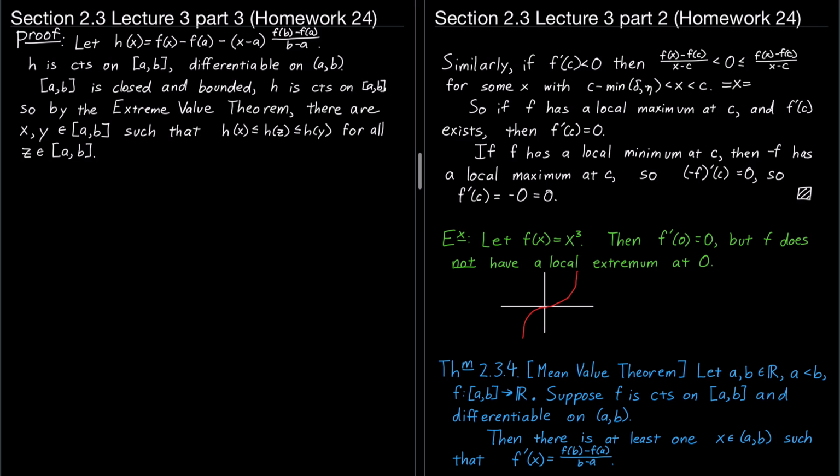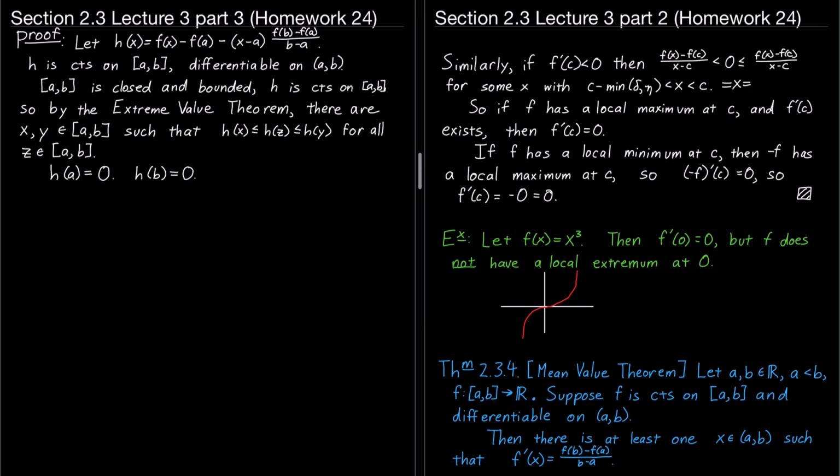All right. What is h of a? If you plug through it, f of a minus f of a, and then a minus a is a 0. h of b is f of b minus f of a minus b minus a over b minus a times f of b minus f of a. h of b is also 0.